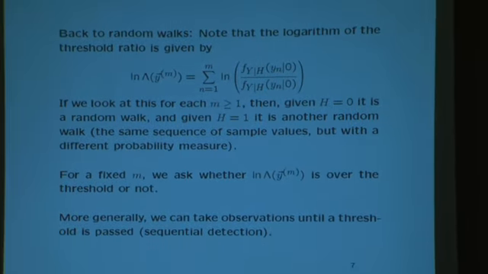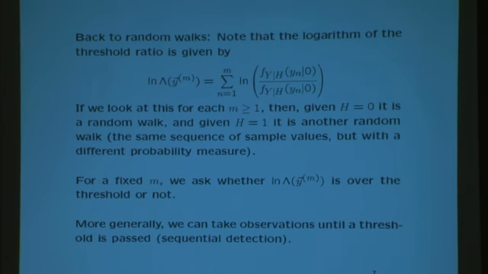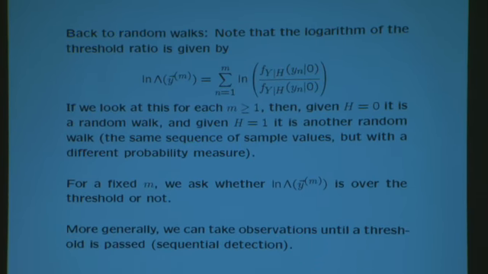And now, if we condition this on h equals 0, then this quantity, which is fixed, has a particular probability of occurring. So this is a random variable under the hypothesis h equals 0. It's a random variable under the hypothesis h equals 1. And this sum of random variables behaves in a very different way under these two hypotheses.